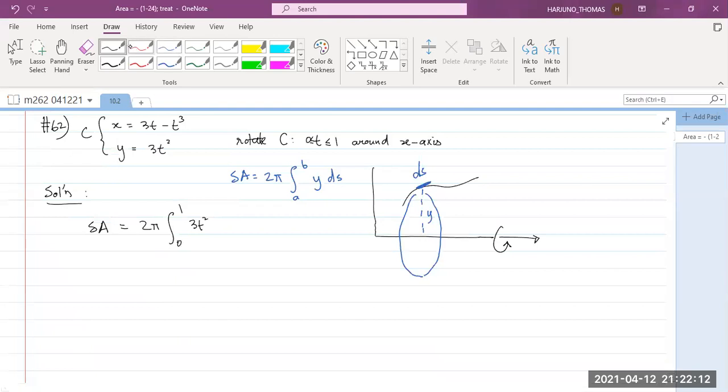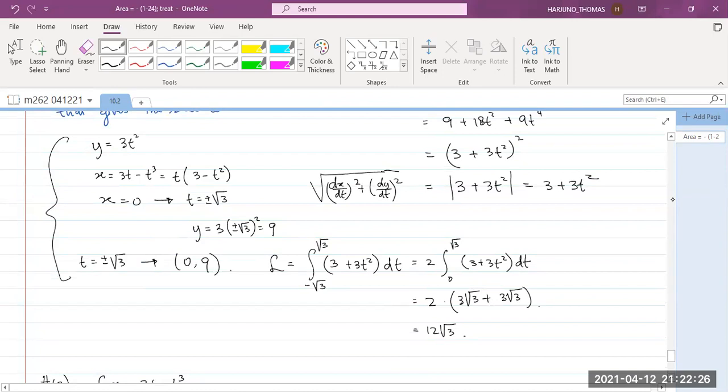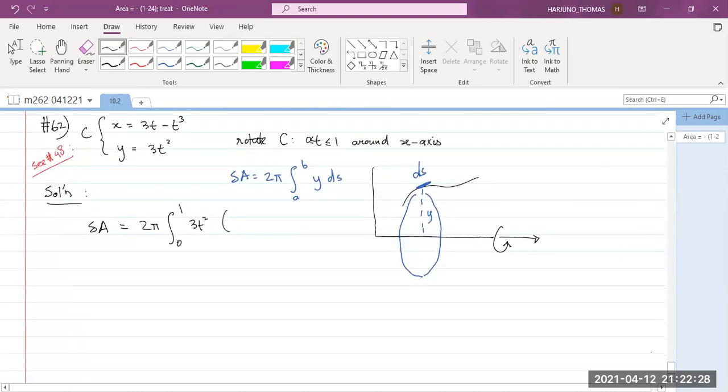Okay, see number 48. By coincidence, I didn't plan it, but the ds was, what is it again? 3 plus 3t squared dt.